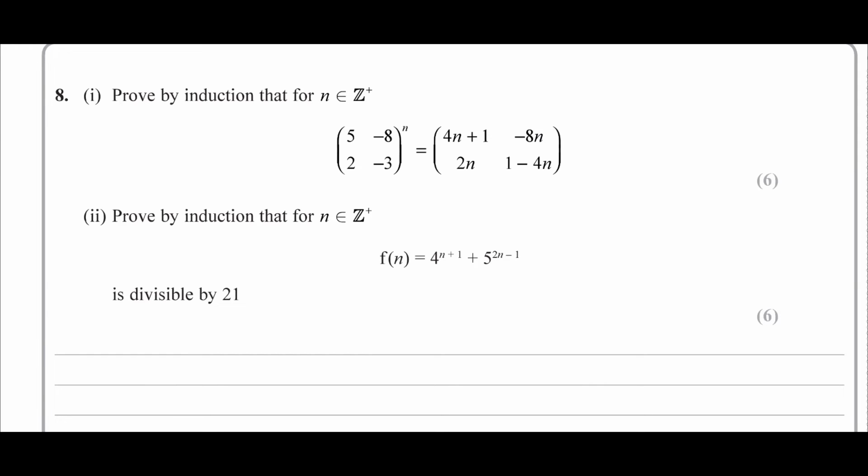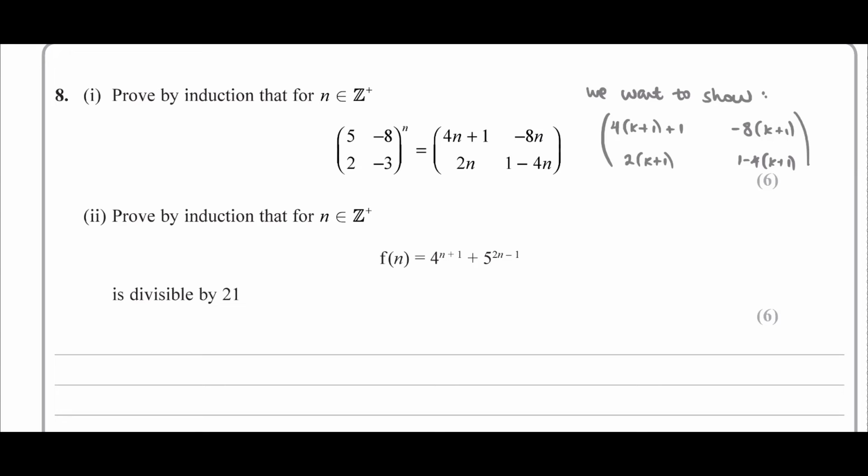Well, whenever we have a proof by induction question involving matrices, essentially our end goal is to show 4 lots of k plus 1 plus 1, 2 lots of k plus 1, minus 8 lots of k plus 1, and 1 minus 4 lots of k plus 1. Essentially, whenever we see an n on the right hand side, we want to replace that n with k plus 1.